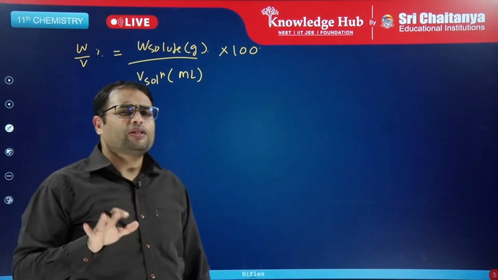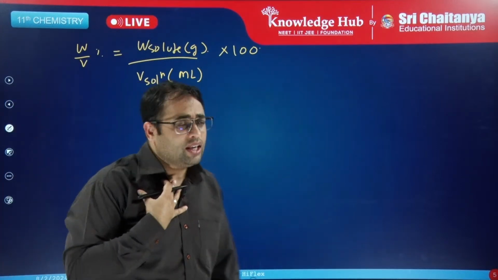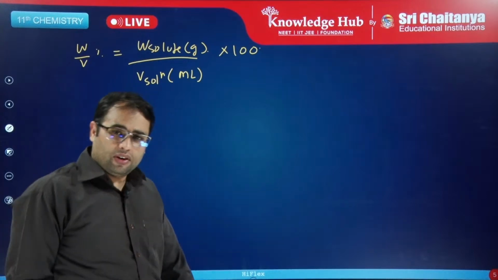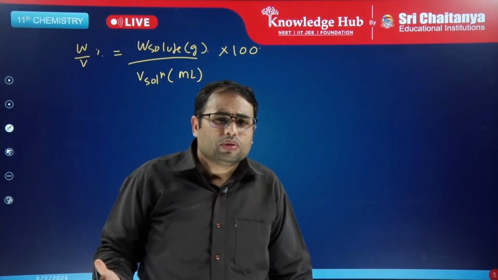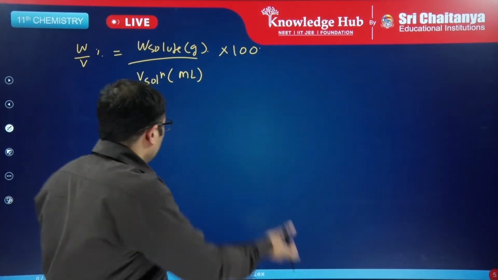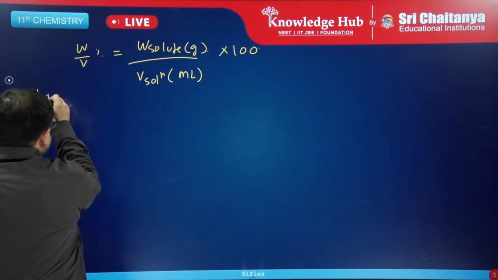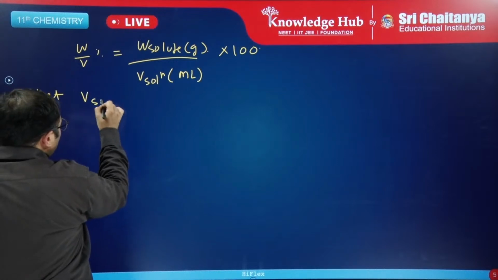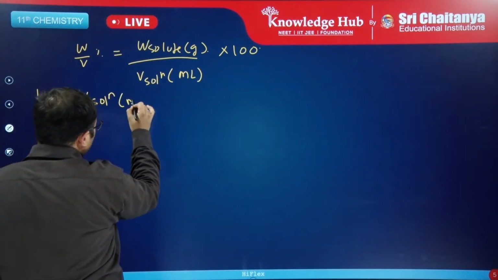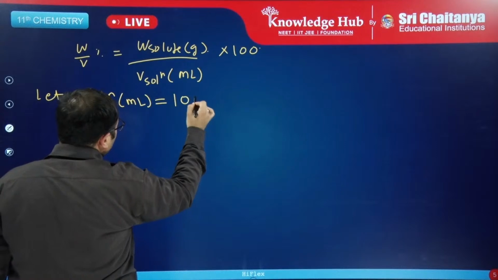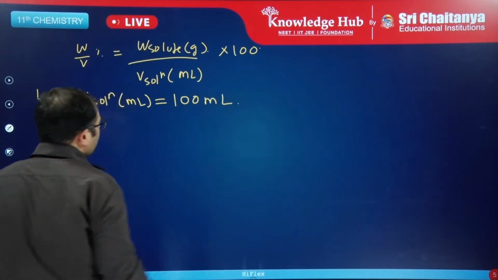Let us pause here for a little bit. Tell me, if you want to cancel out this 100, what can you do? Well, simply you need 100 in the denominator, but in the denominator we have volume of solution. So let volume of solution in mL be 100 mL.